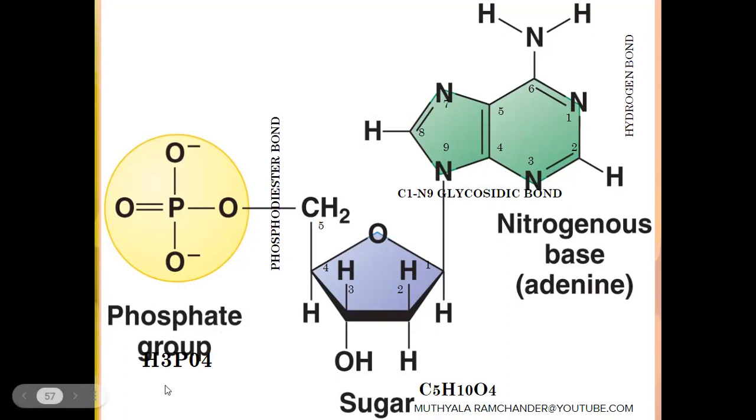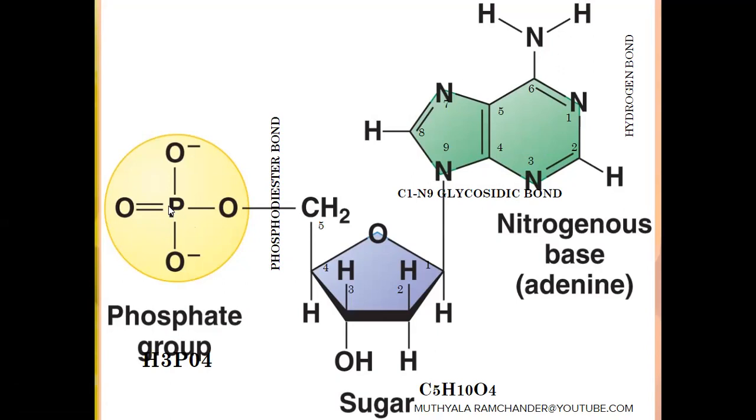Phosphoric acid's chemical formula is H3PO4. Every nucleic acid contains phosphoric acid groups as phosphate ions. The phosphoric acid acts as the backbone of the nucleic acids.